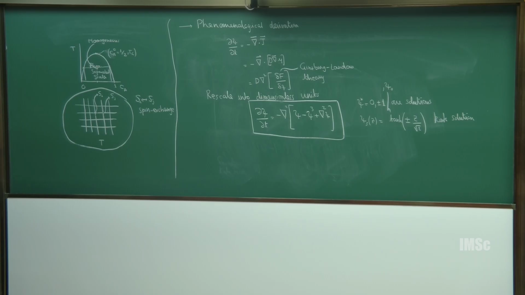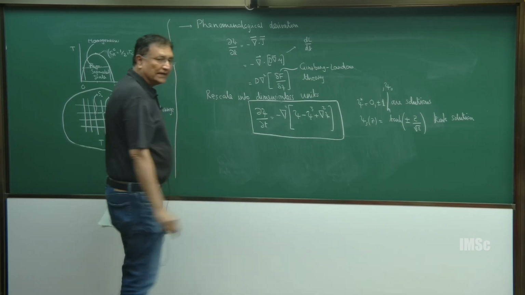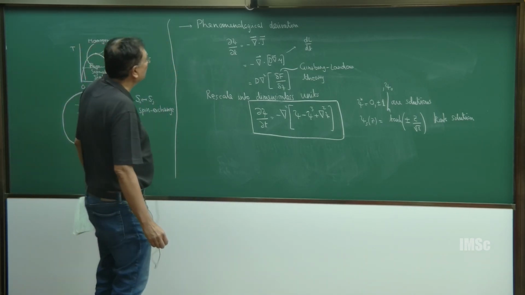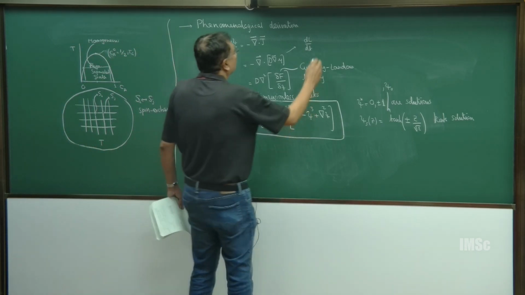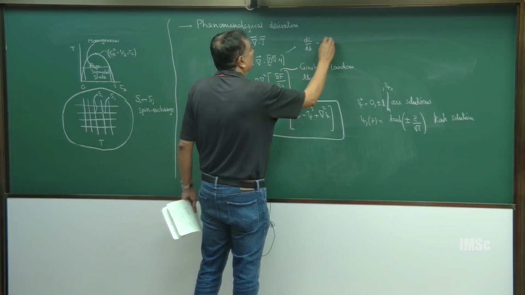Maybe before I do the linear stability analysis, it's also useful to do some dimensional analysis of this equation. So, let us do dimensional analysis at this level. Basically, if the characteristic length scale is L, then dL by dt, which is the term on the left, the rate of change of the domain size, is proportional to a gradient of the chemical potential.